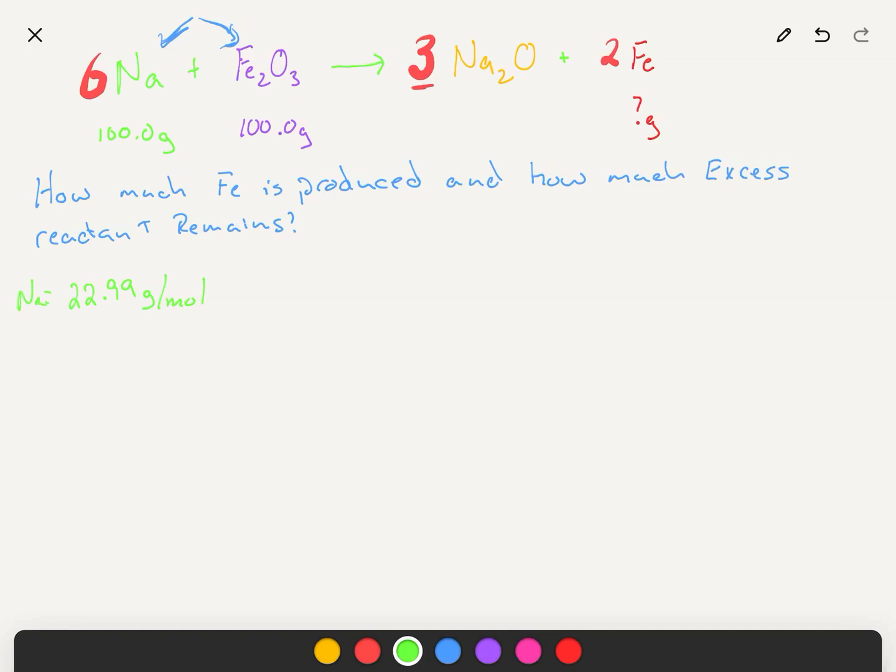That means that we have 100 grams, and we are going to divide by 22.99.